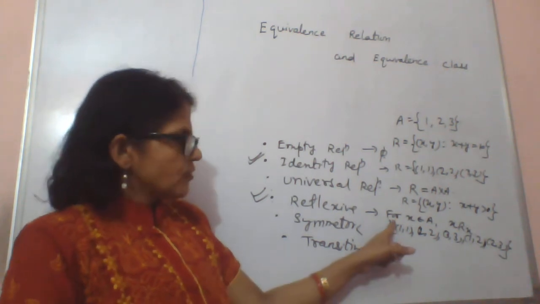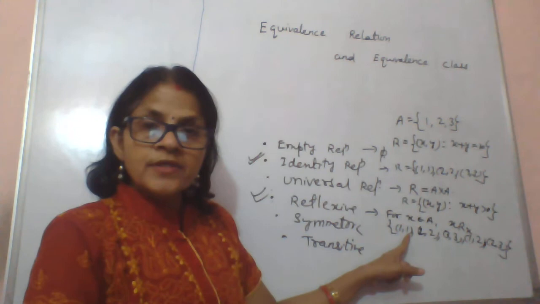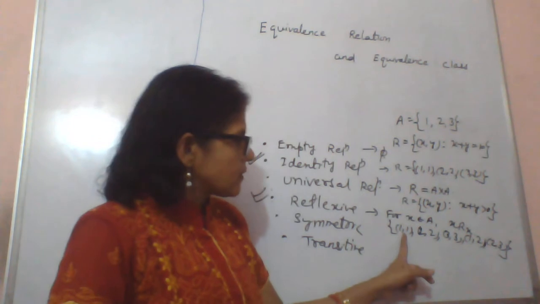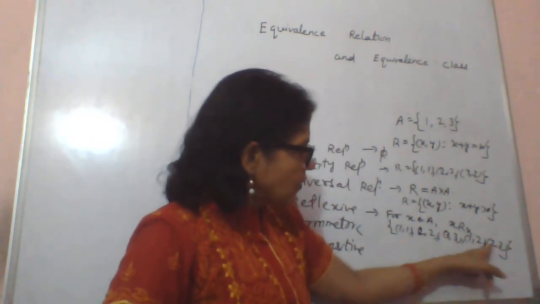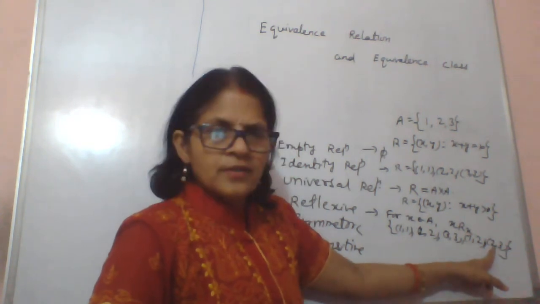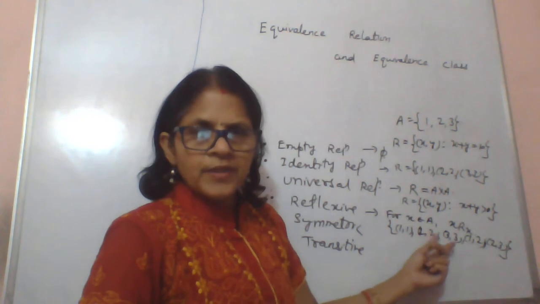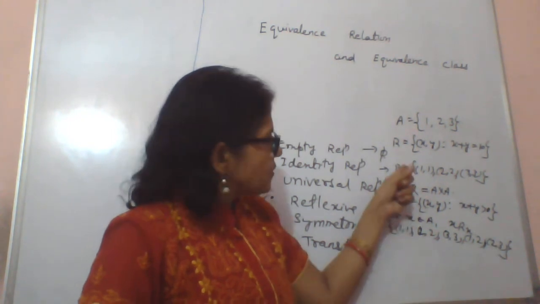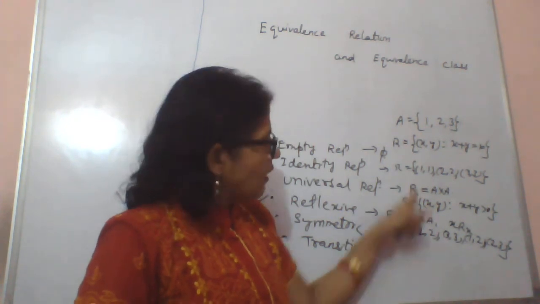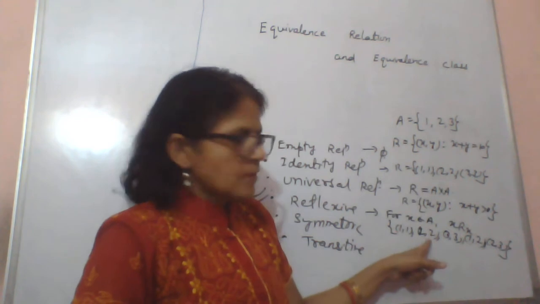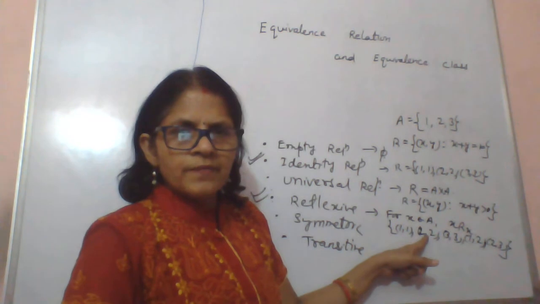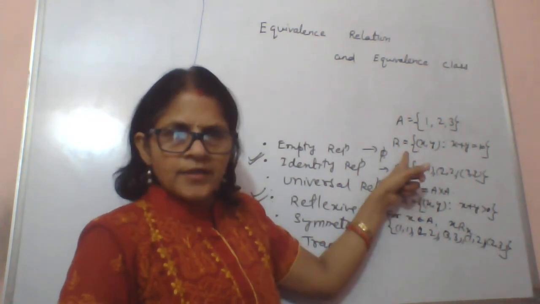Here also every element is related to itself, but that term 'only' is missing, language-wise. Also, you see (1,1), (2,2), (3,3), but here we have taken some extra elements too. If we take (1,2), (2,3), it can still be reflexive, but it cannot be an identity relation. So the basic difference is this: every identity relation is a reflexive relation, but not all reflexive relations are identity relations.